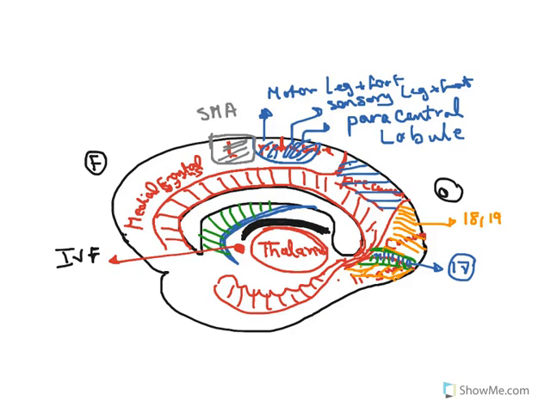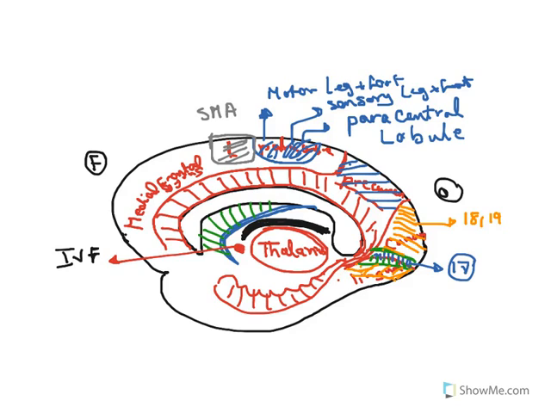Just in front of the precentral gyrus on the lateral surface is the premotor area 6. If you continue the premotor area 6 on the upper 1 inch of the medial cerebral cortex, you will find this area, which is the supplementary motor area, and of course it's a part of the premotor area on the lateral side, having the same function, but a lesion produces no manifestation, or it is not manifested as a lesion in the premotor area 6 on the lateral surface.